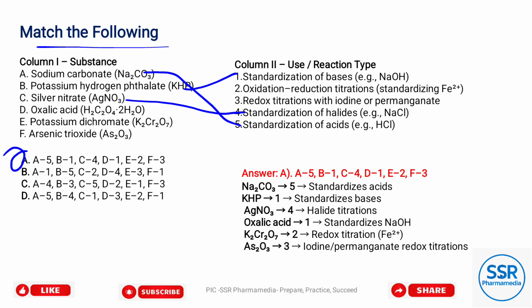Oxalic acid is used for the standardization of bases, potassium dichromate is used for oxidation and reduction titrations, and arsenic trioxide is used in redox titration. So the correct answer is option A.